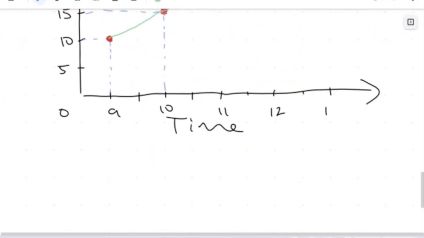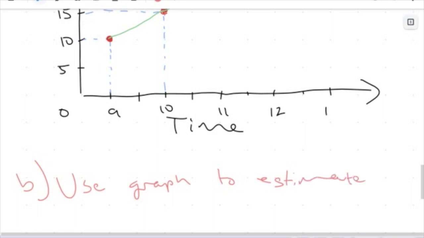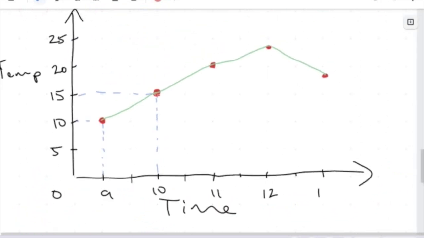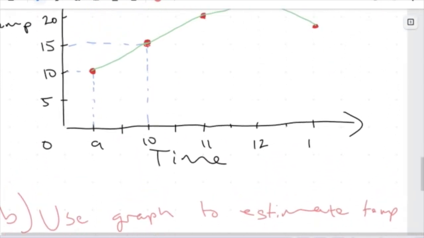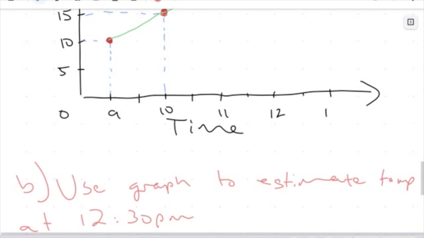Now for part B of this question, I want to use the graph to estimate, so give a rough guess, the temperature at 12:30 p.m. Cool. So I've written these hours with this gap of 2 units, 1, 2, 1, 2, 1, 2, 1, 2.